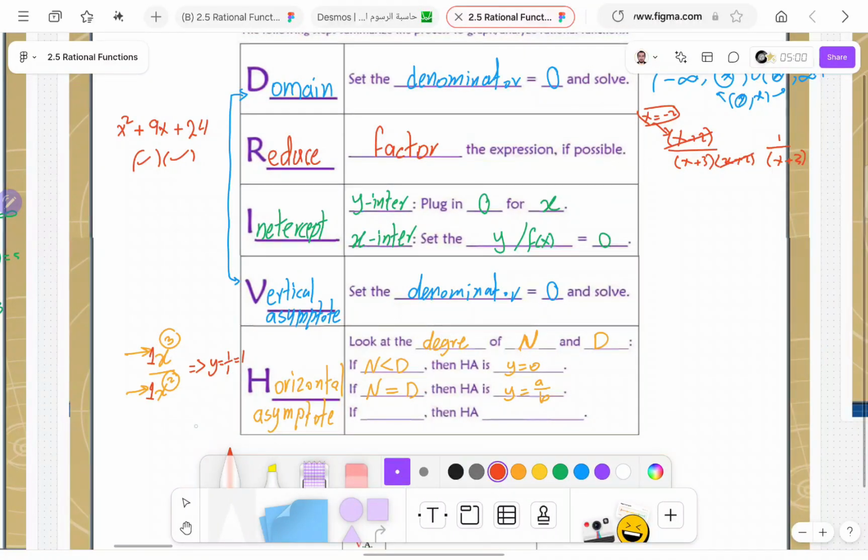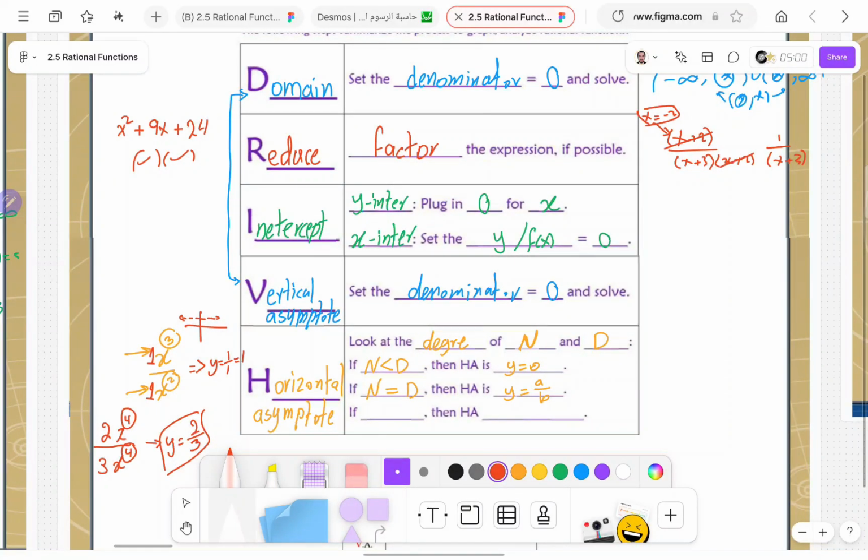So the horizontal asymptote will be graphed at y equals 1. So this is the horizontal asymptote. Sometimes the question will give you, for example, 2x to the power of 4 over 3x to the power of 4. So they are equal, so we can just say that y is equal to 2 over 3.